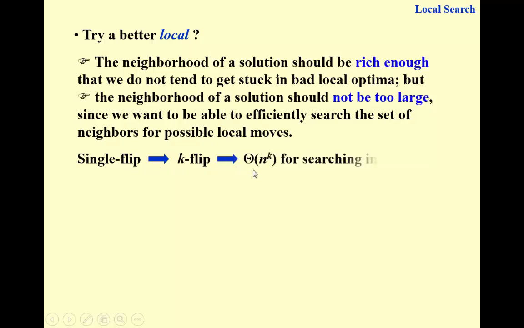However, on the other hand, the searching time becomes big theta of n to the power k. That means k cannot be too large. Otherwise, with this kind of complexity, it's still unrealistic to solve the problem. And there's one heuristic algorithm that is between single flip and k flip. It's called KL heuristic. And let's see how it works.